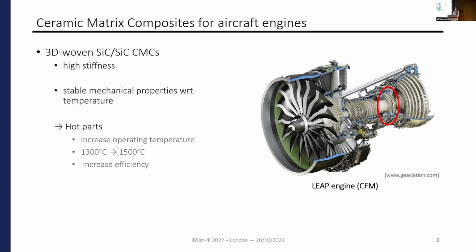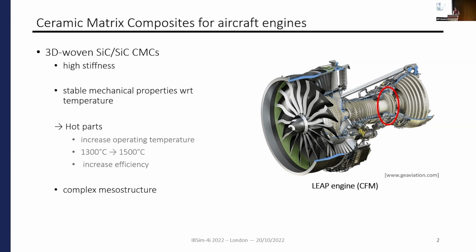And the aim is to increase the operating temperature of the aircraft engine from 1,300 degrees Celsius to 1,500 degrees Celsius. So it increases the efficiency of the thermodynamical reaction inside of the engine, and also reduces the fuel consumption of air traffic.